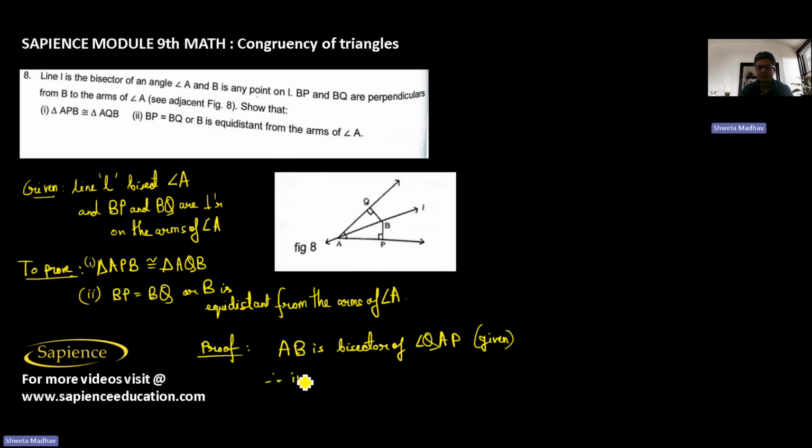Therefore, in triangle APB and triangle AQB, angle PAB is equal to angle QAB, since it is given that AB is the bisector of angle QAP. And we can see that AB is the common side.